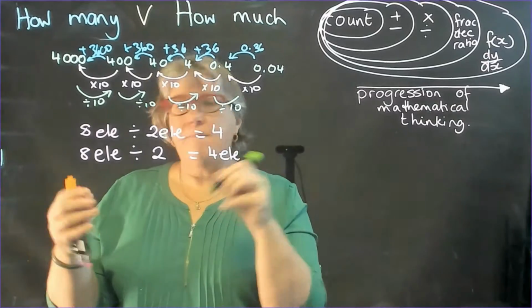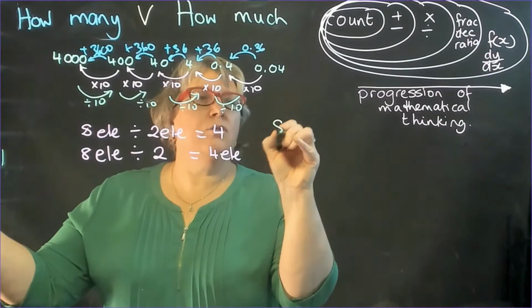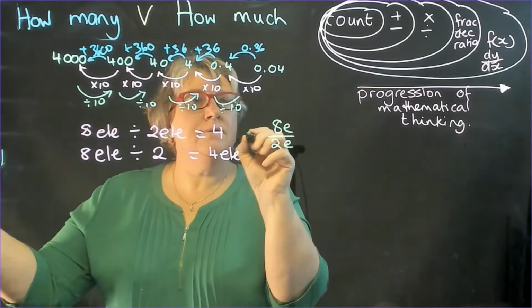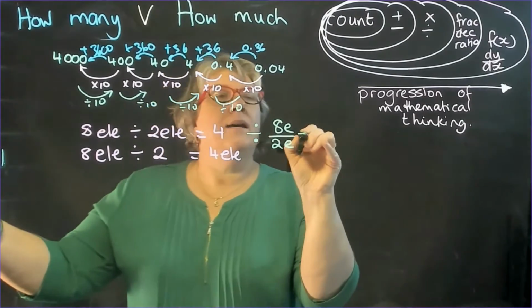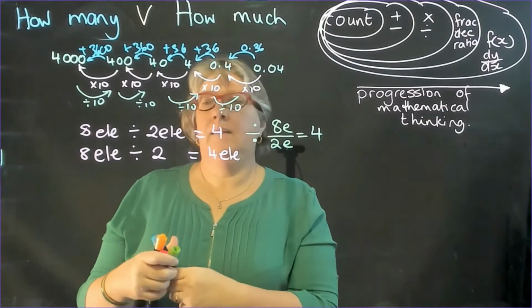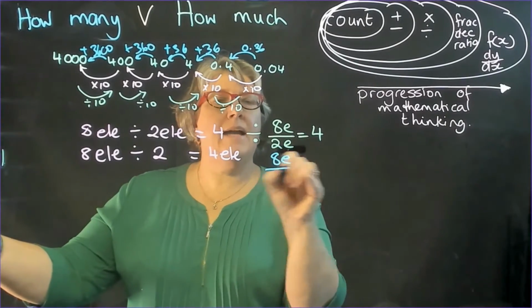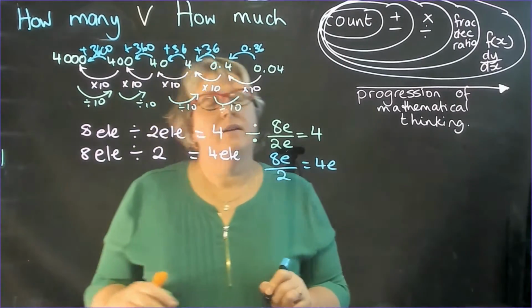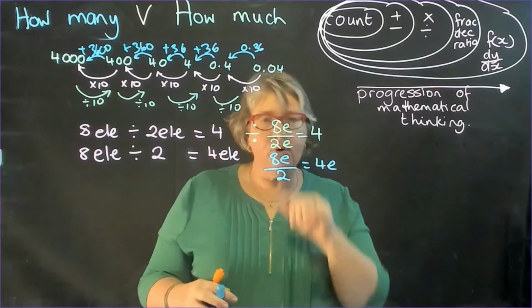If I wrote that mathematically, I could write something like this. So division, there's the division symbol, that gets me 4. 8 of anything divided into 2 gets me 4 of that size, 4 groups.